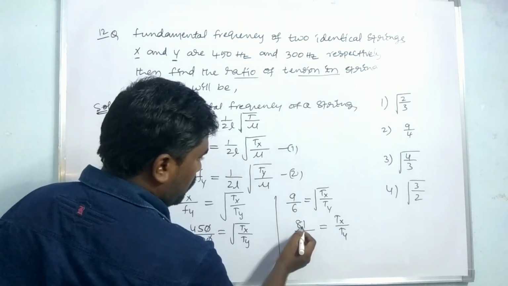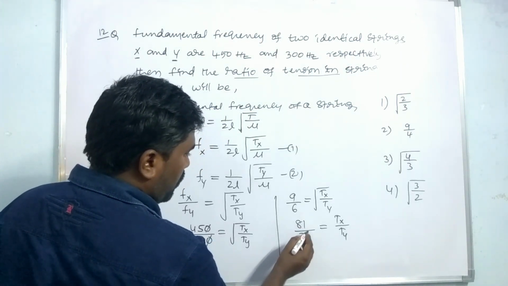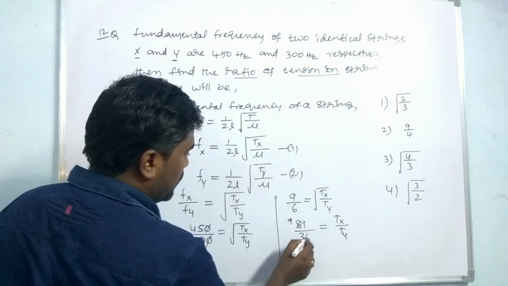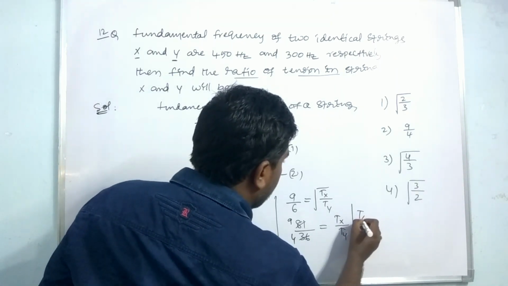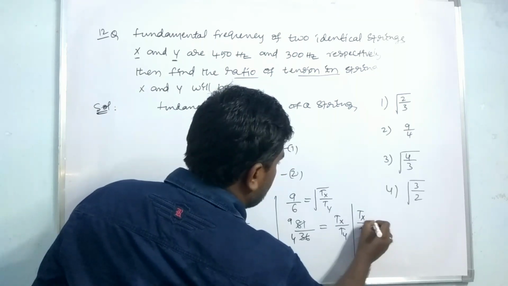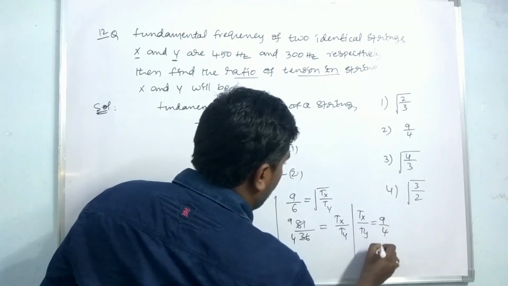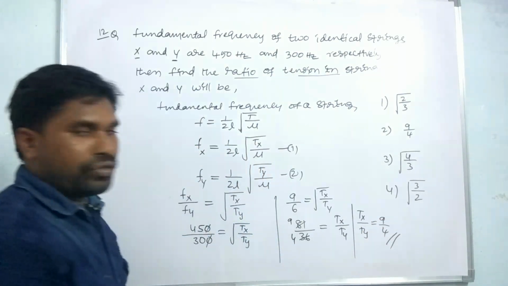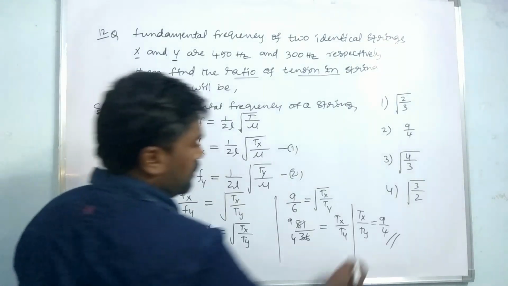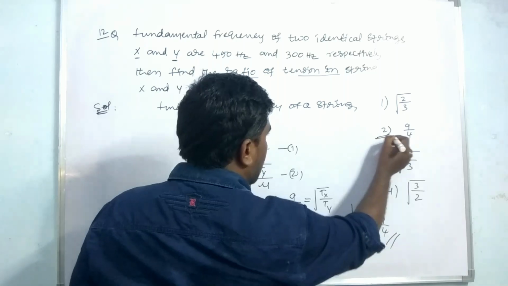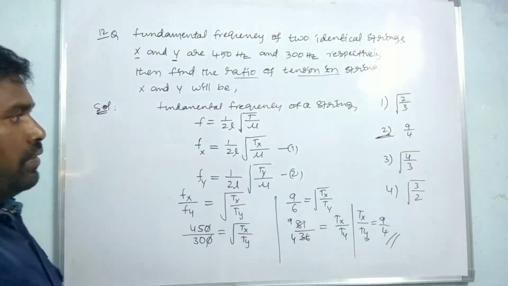This may be cancelled out, 9 nines are 81, 4 nines are 36. So Tx by Ty is equal to 9 by 4. 9 by 4 is the ratio of tension in string x and tension in string y. So 9 by 4 is the right answer here.